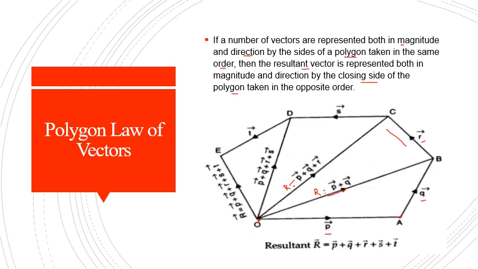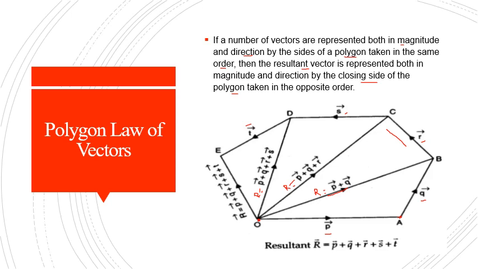From O to C we have a resultant vector, and from C to D, if you add another vector S, the resultant R is equal to P plus Q plus R plus S. And if you add another vector T from point D to E, then the resultant R equals P plus Q plus R plus S plus T.